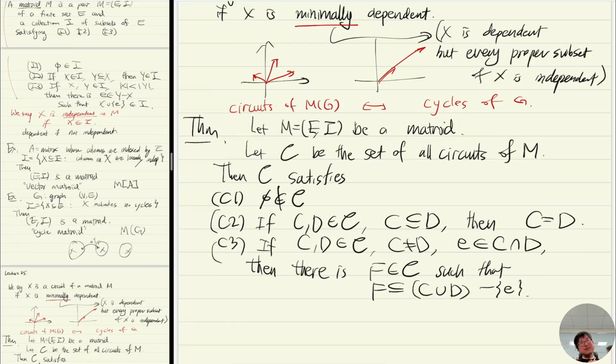So cycles are precisely the minimally dependent sets, the circuits of the matroid.